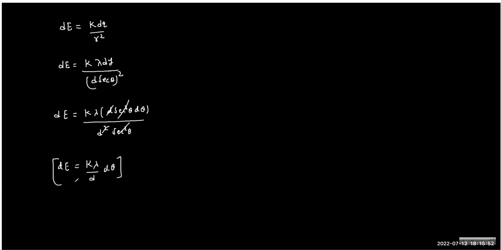Now again, before we proceed, we'll try to do some analysis of the result that we have obtained. If you look at the answer, it says something very interesting: it has nothing to do with the distance, because this entire term is constant.